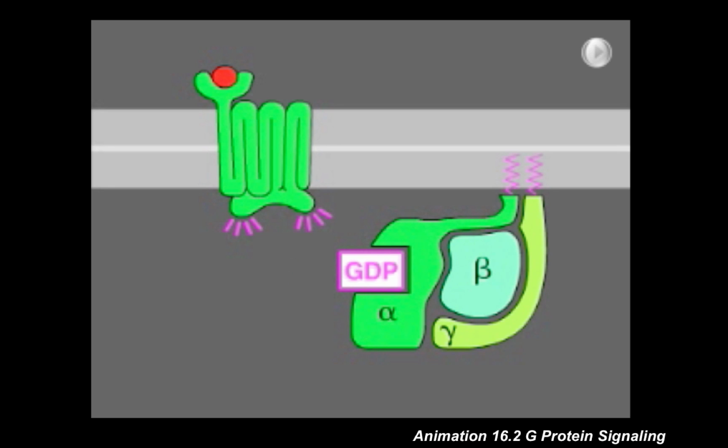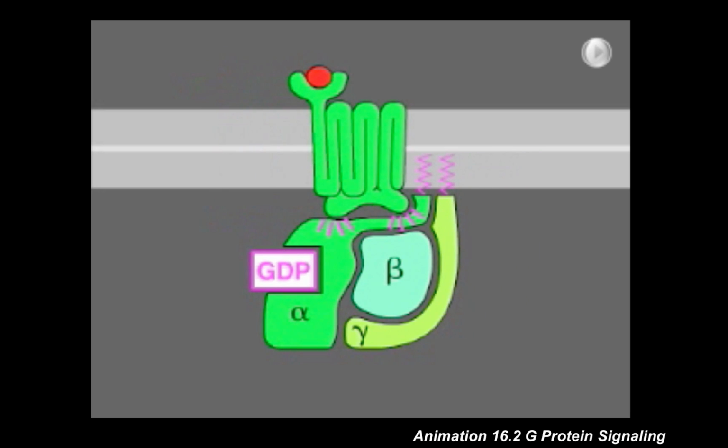In some cases, the inactive G-protein is associated with the inactive receptor, while in other cases, as shown here, it only binds after the receptor is activated. In either case, an activated receptor induces a conformational change in the alpha subunit, causing the GDP to dissociate.